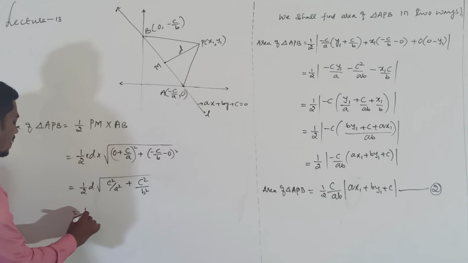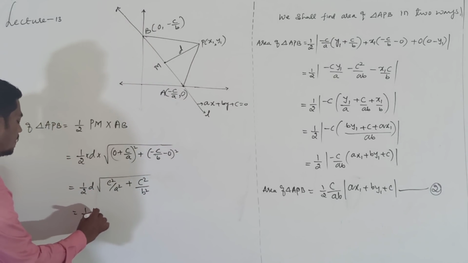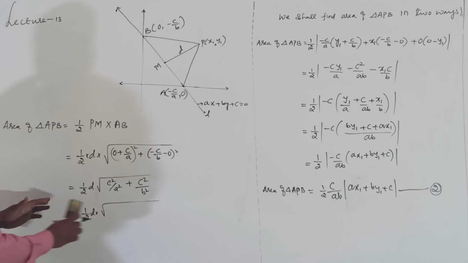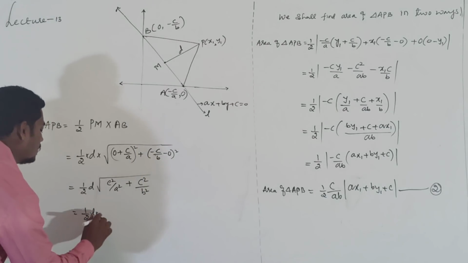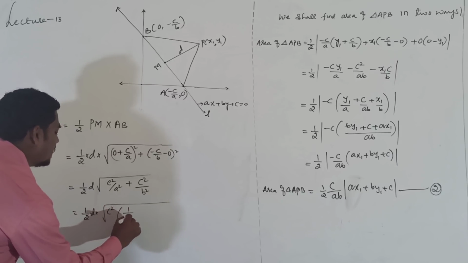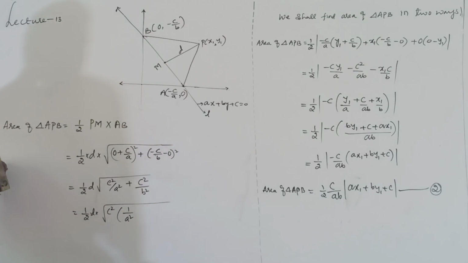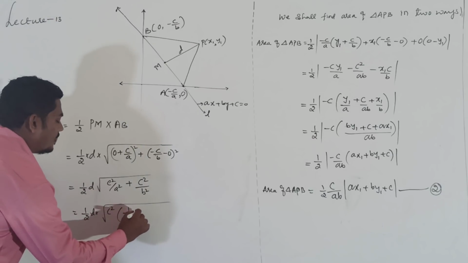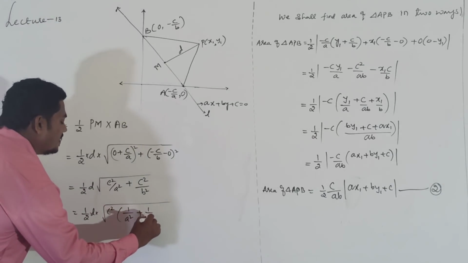After that 1 by 2 into d into square root of, inside square root I will take c square common, then what you get? C square in bracket 1 by a square plus 1 by b square, right?